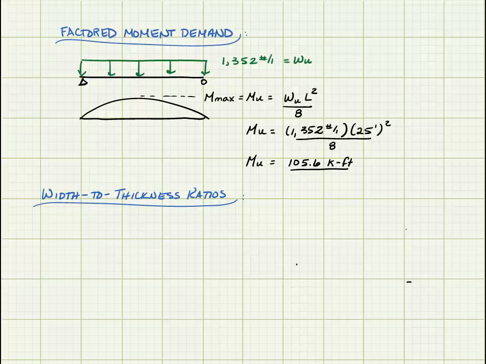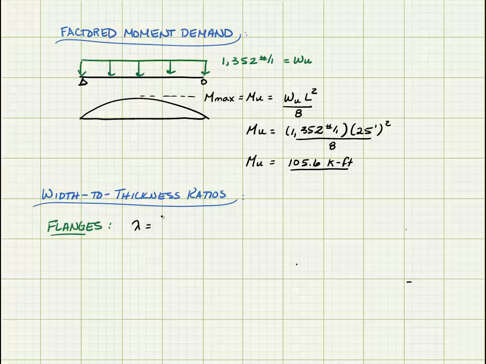This is a very important criterion so that we're using the correct provisions within Chapter F of the specification. Let's start with the flanges. We'll have to do this for all elements in the cross-section, the flanges and the web.